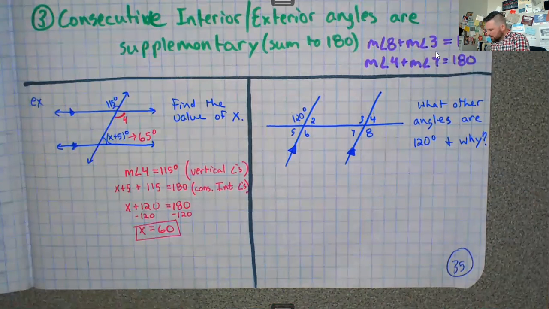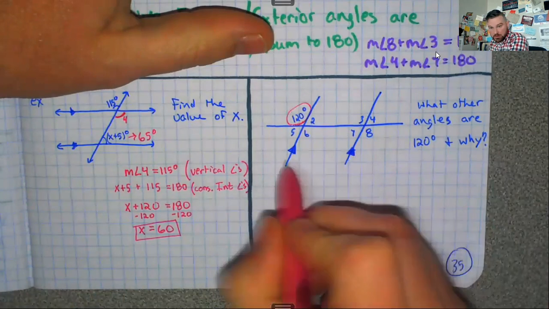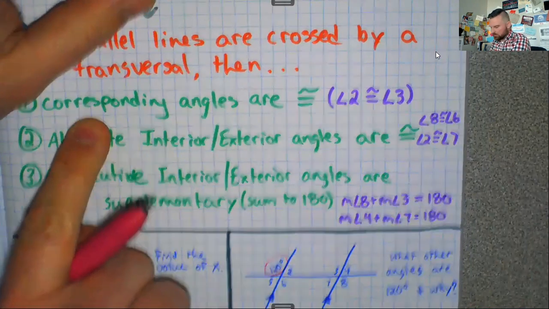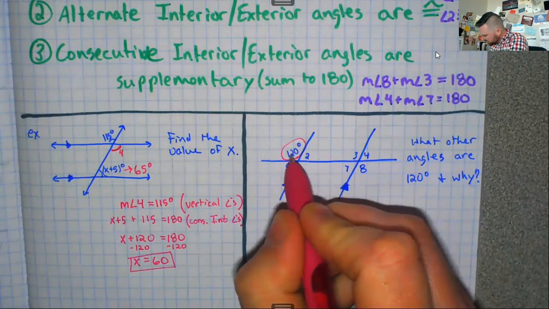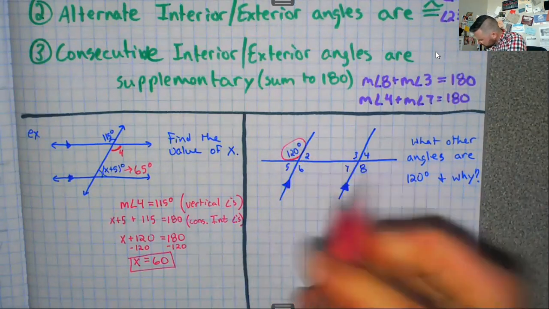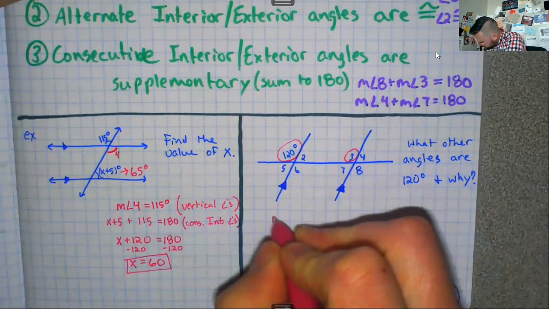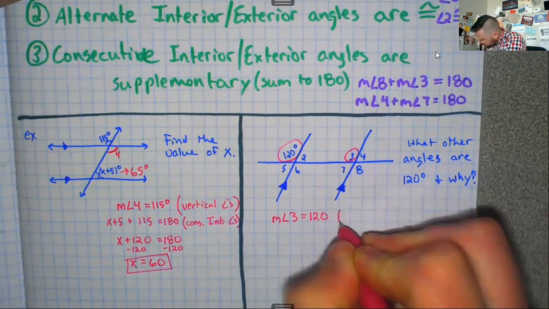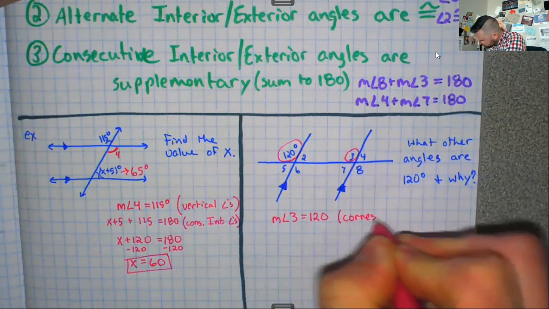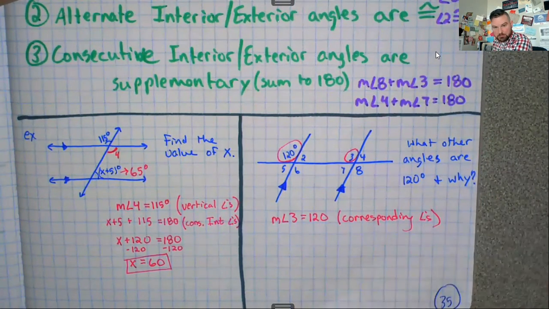Okay, so 120 degrees is right here. We do have parallel lines cut by a transversal, so I know that corresponding angles are congruent. So this angle is 120. If I go to another angle in the same location, that is angle 3. So I know that the measure of angle 3 is 120 because they are corresponding angles.